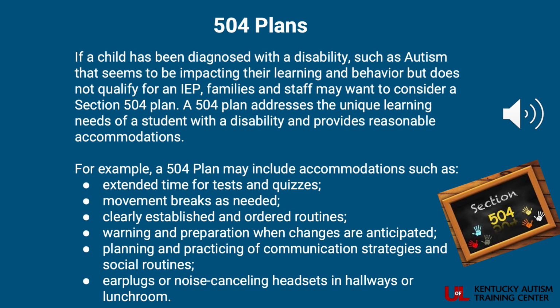For example, a 504 plan may include accommodations such as extended time for tests and quizzes, movement breaks as needed, clearly established and ordered routines, warning and preparation when changes are anticipated, planning and practicing of communication strategies and social routines, earplugs or noise-canceling headsets in a hallway or lunchroom.